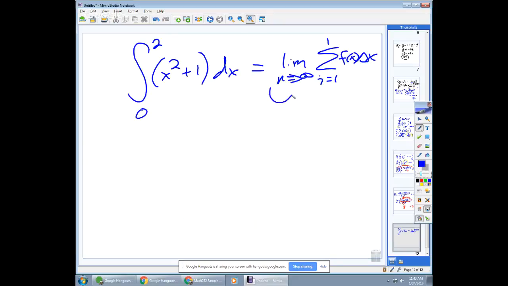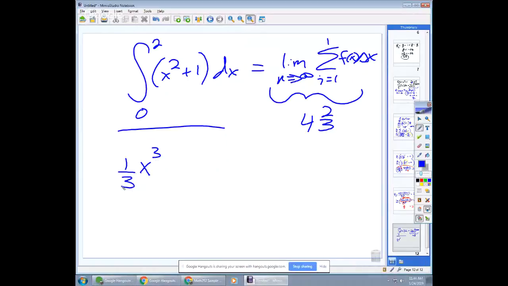So we did this. We came out with 4 and 2/3. Now let's do this and see if it matches. Antiderivative: 1/3 x cubed, so we definitely have an x cubed, divided by 3 or multiplied by 1/3, plus x. Evaluate that from 0 to 2.